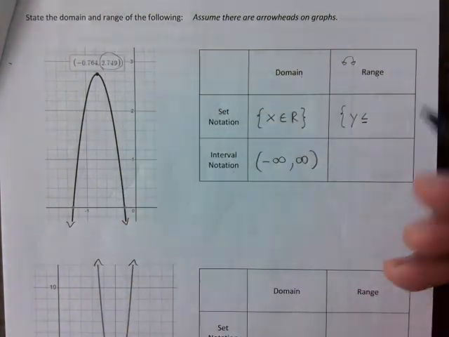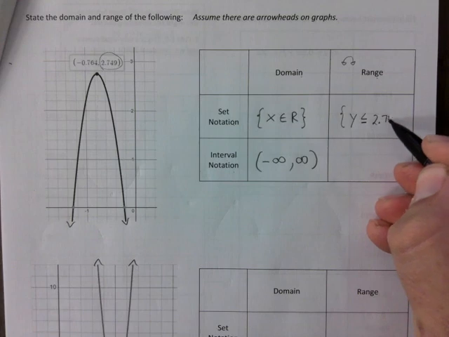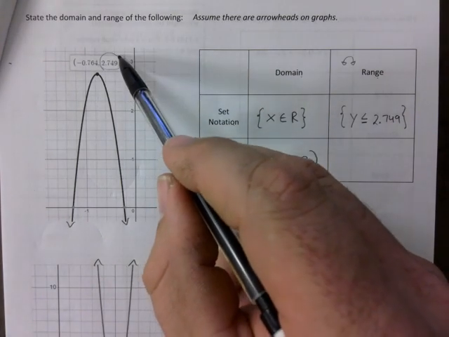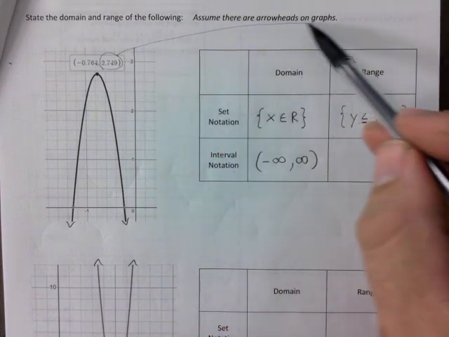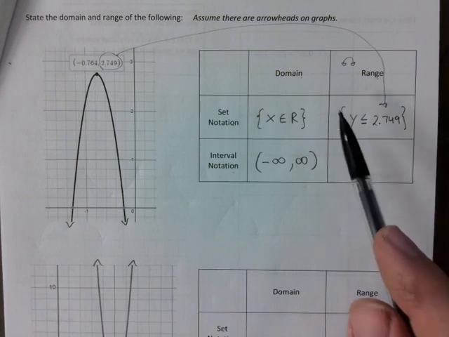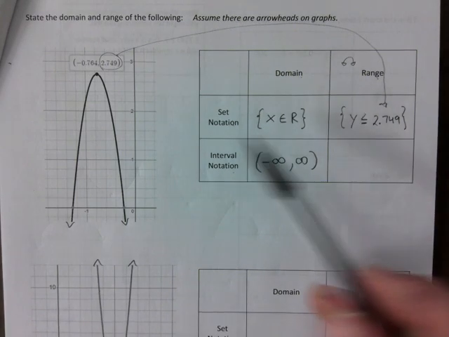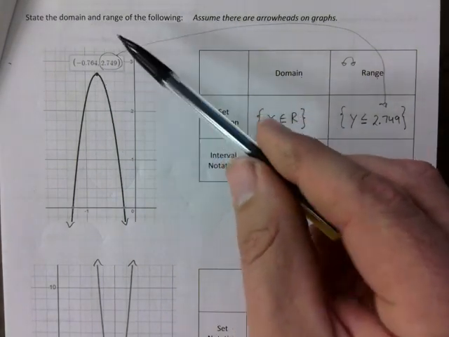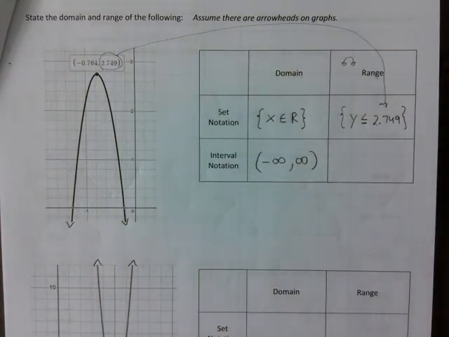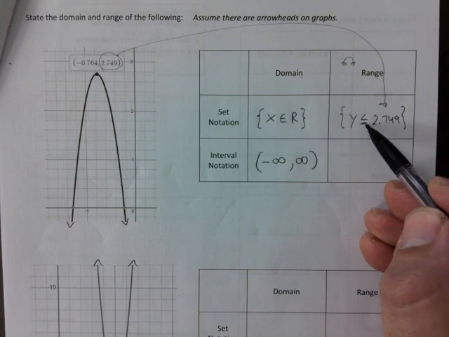Okay, so 2.749. Why 3 decimals? That's what Desmos did. Okay, so blame it on Desmos. We're just going to use that. And if you said y is greater than, think about it. There's no graph above 2.749. So it has to be values that are less than that.